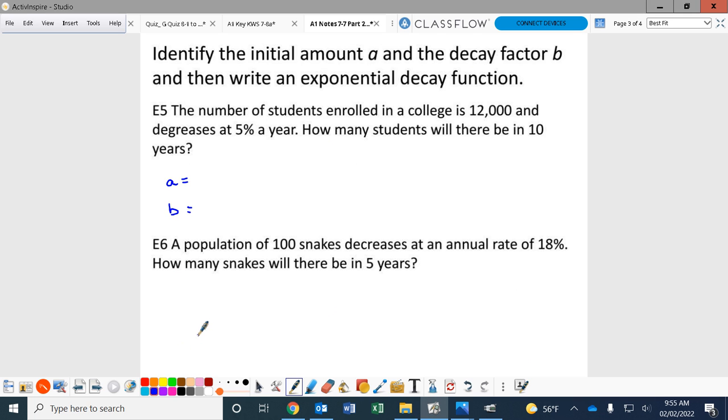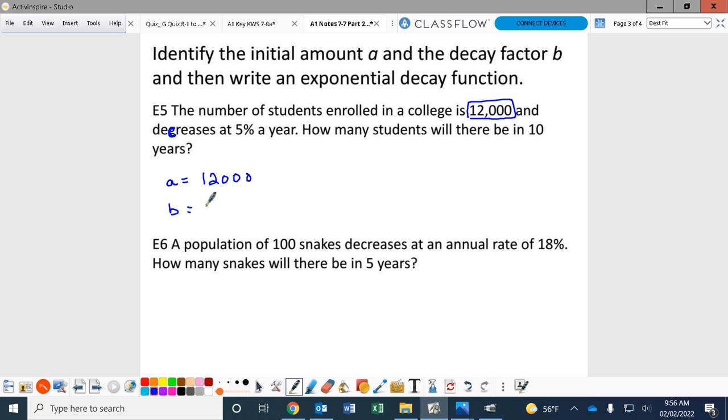So start by reading the problem. The number of students enrolled in college is 12,000. That's what you're starting with. That is the initial amount, 12,000. It decreases at 5% a year. Guys, it goes down by 5% a year.